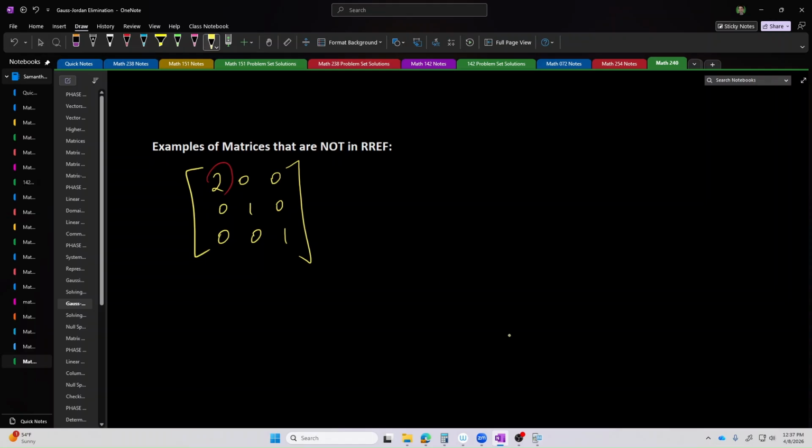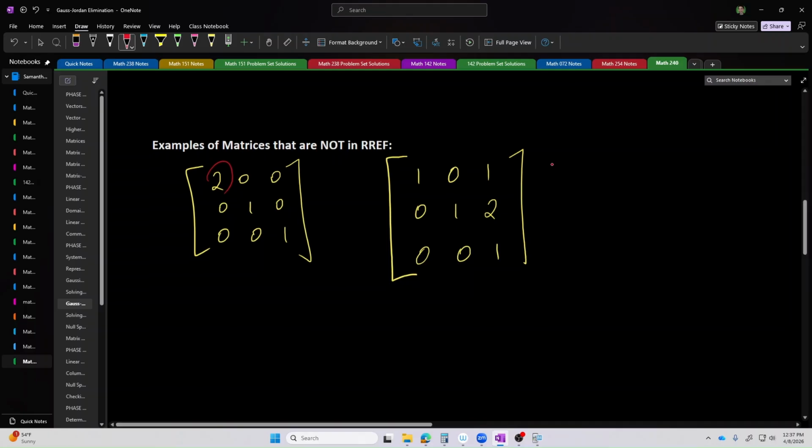Let me give you another example of a matrix that is not in reduced row echelon form. 1, 0, 1, 0, 1, 2, 0, 0, 1. In this case, we have a problem. This guy is in row echelon form, but he is not in reduced row echelon form.